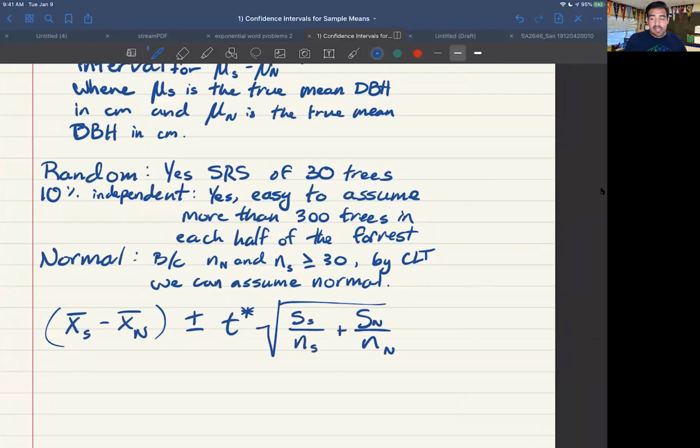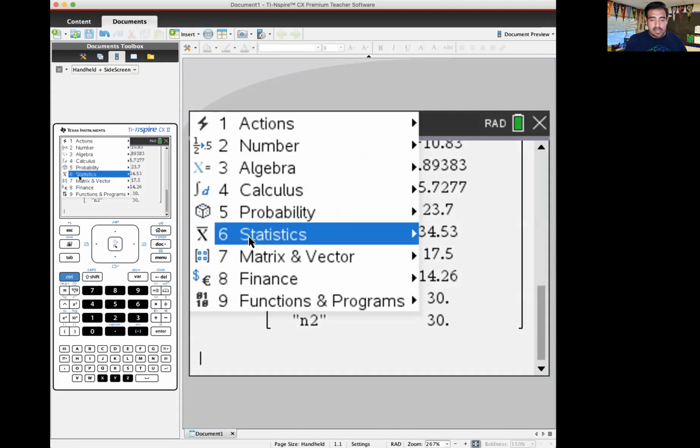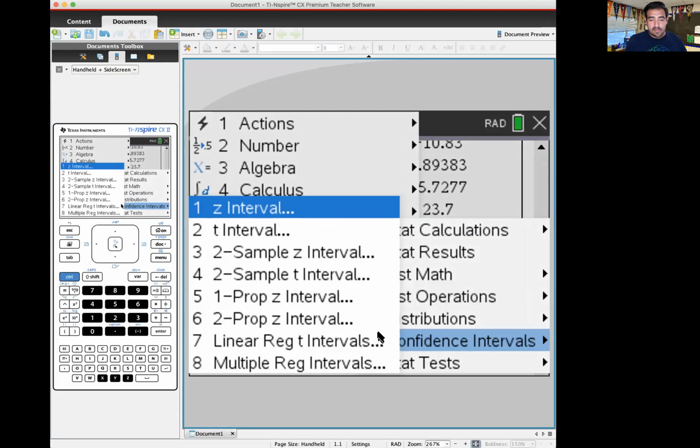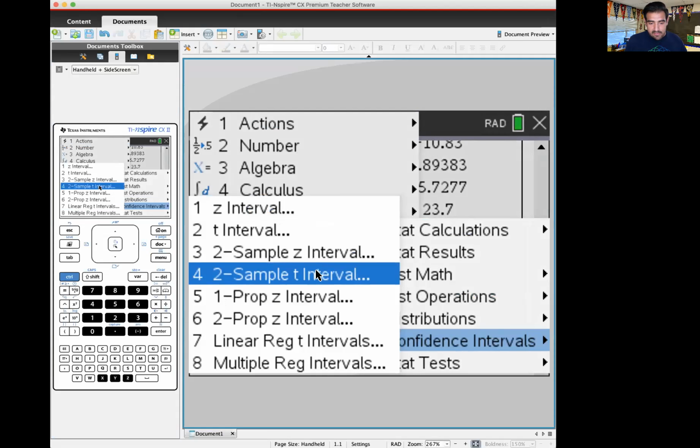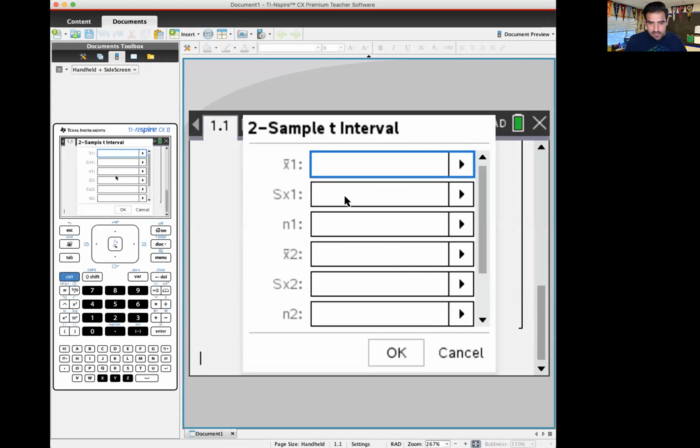So I'm going to plug this into the calculator. Let's start with the nSpire. Right, so I'm going to go to menu, statistics, confidence interval, 2 sample t interval. We're dealing with summary statistics. We can plug in all of our information.